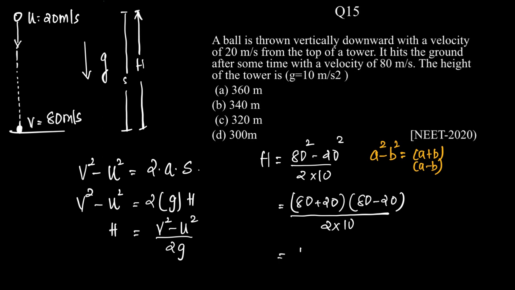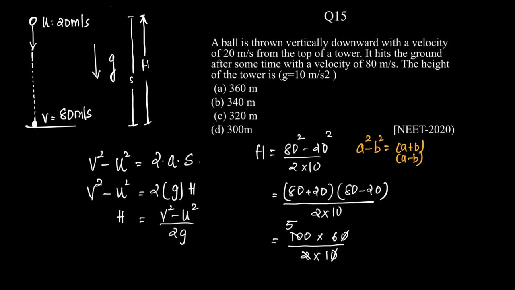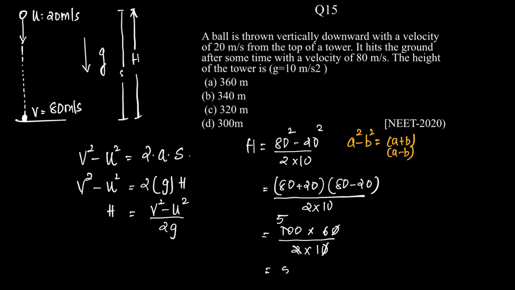So what we get is 80 plus 20 is 100, 80 minus 20 is 60, the whole upon 2 into 10. So this will get cancelled. We get 2 into 5. So we have 50 into 6, which is equal to 300. So the correct option is option D.